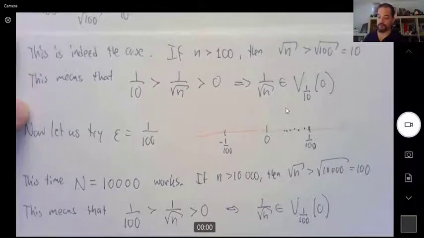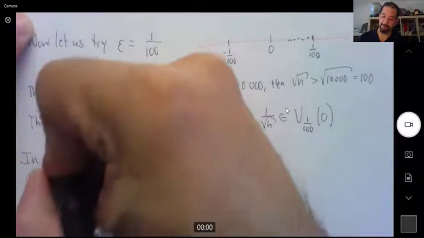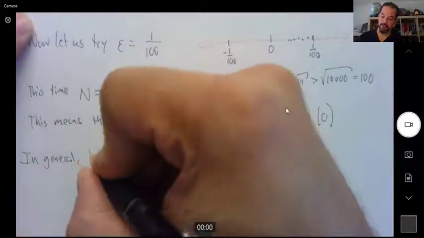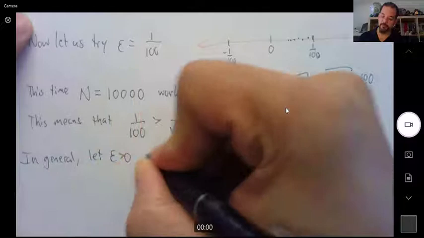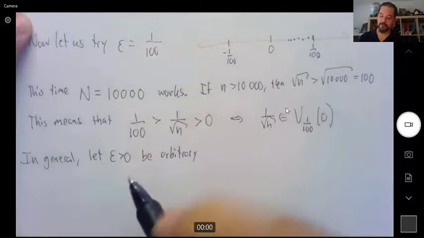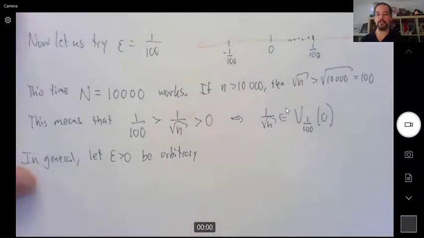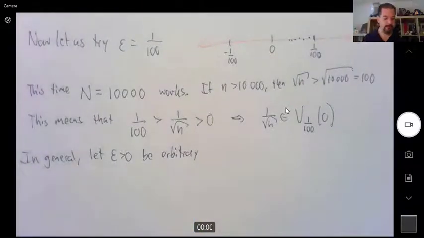So now let's try to do it in general. Let epsilon greater than 0 be arbitrary. Think of this as the 1/10 or the 1 over 100. So which should be the capital N that we need?